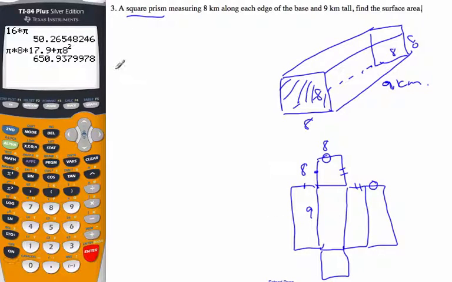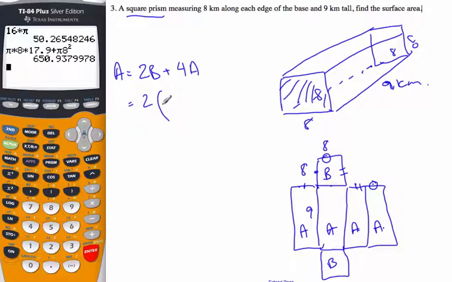If I want to find the area, I call this B, and I have two B's that are the same, plus these rectangles, which are all the same. I'm going to call them A, and there are 4 A's here. B is just 8 times 8.